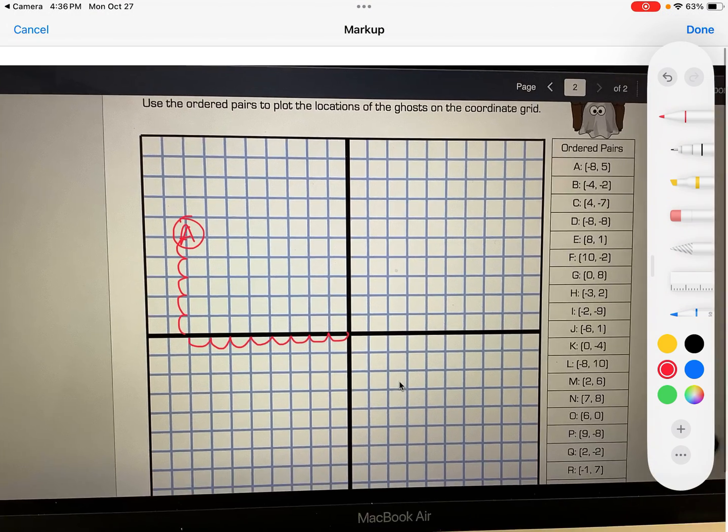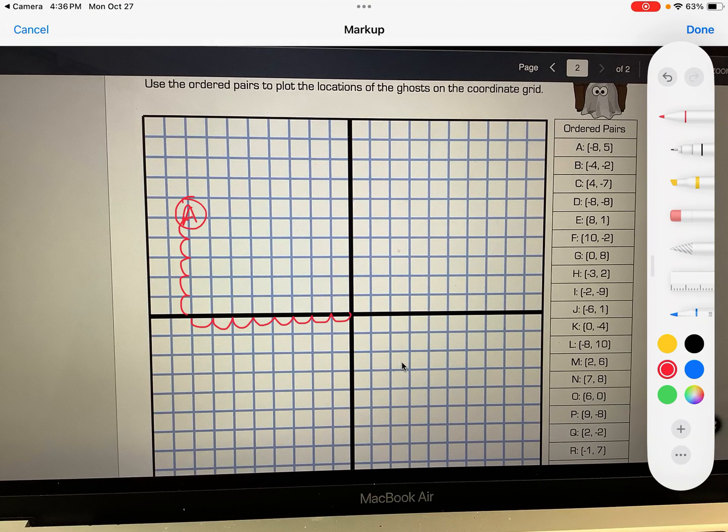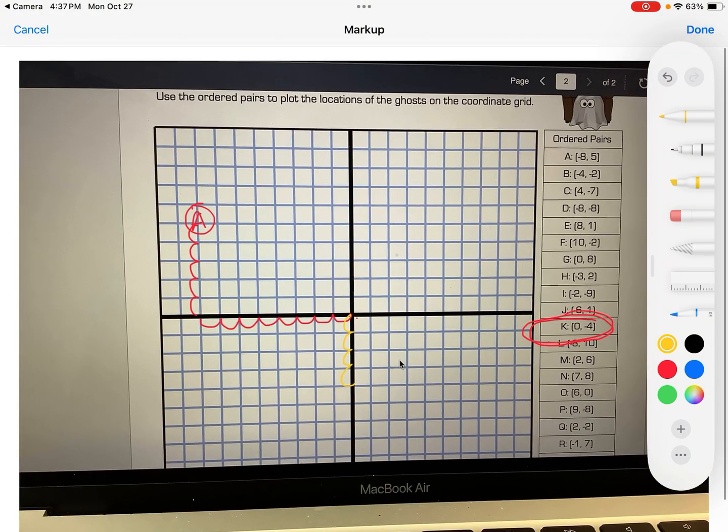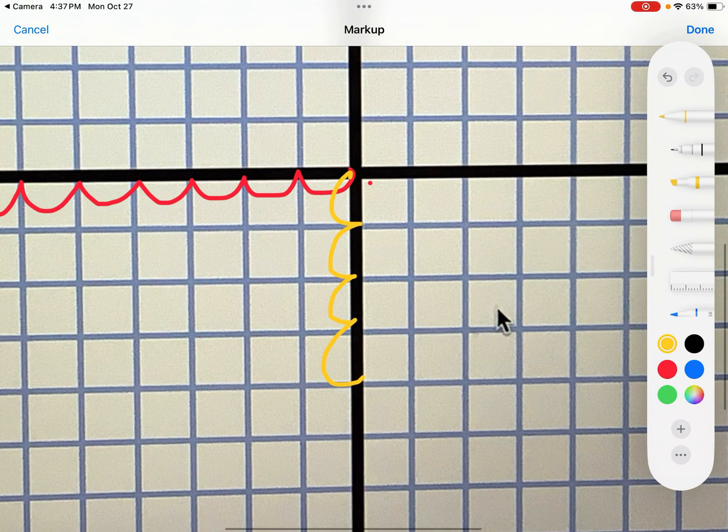So A. And then let me find a hard one. K is always really hard for kids. So 0, I'm going to use blue. So 0, I don't go anywhere. I'm just going to go 1, 2, 3, 4. So K is actually going to be right there.